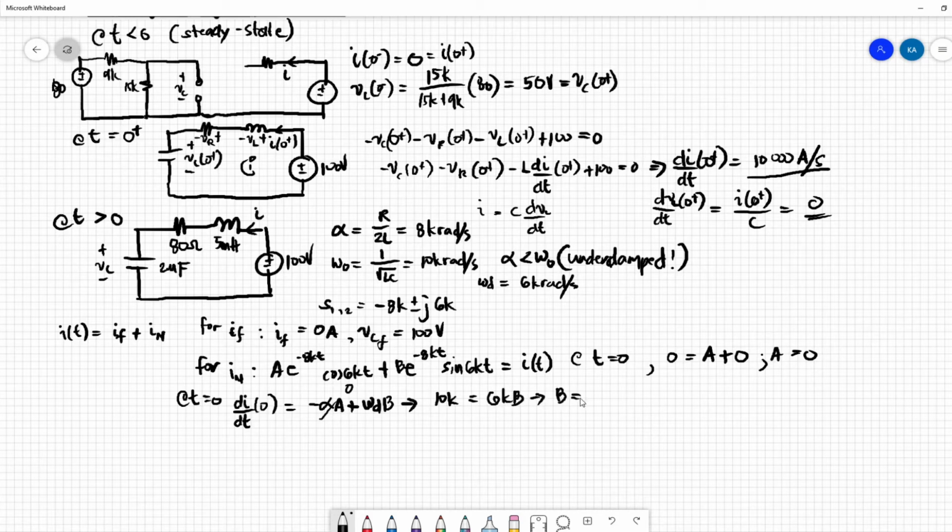Our B is equivalent to 5 over 3. So our complete response for i of t is equivalent to 5 over 3 e to the negative 8kt sine of 6kt u of t amperes.